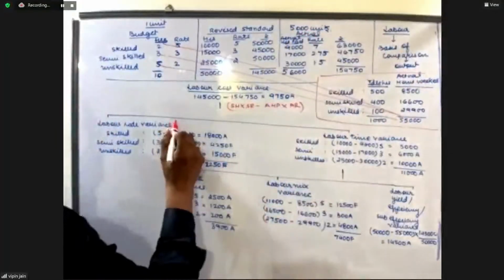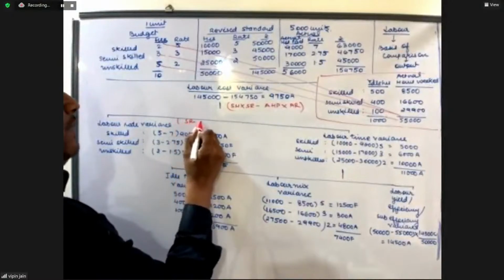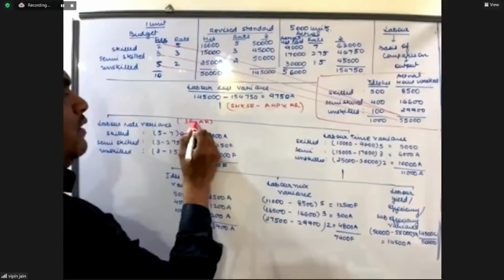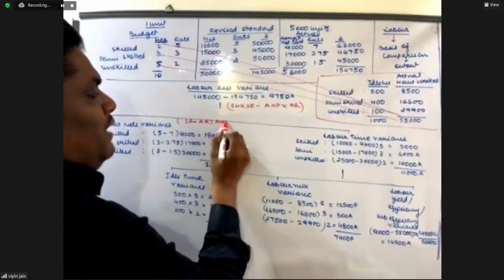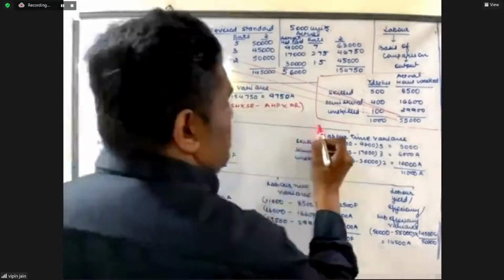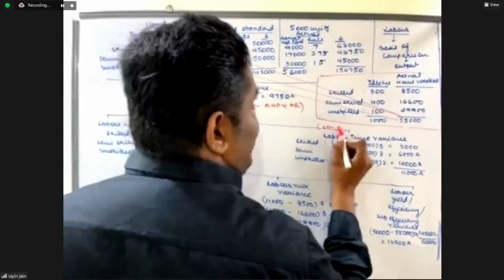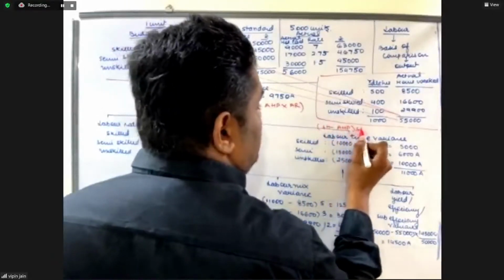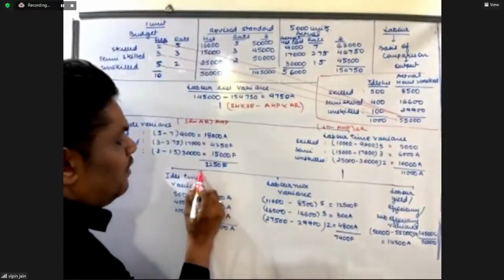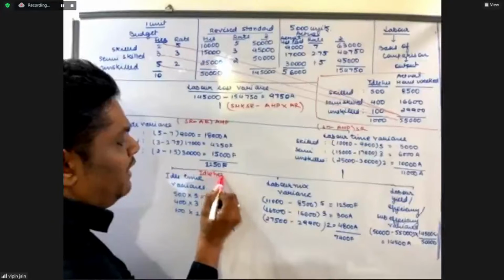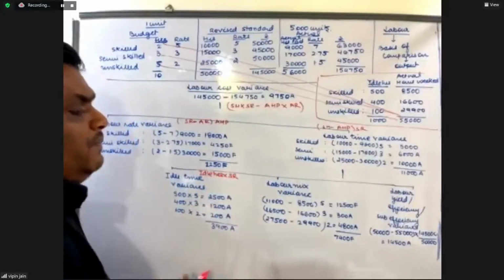Rate variance is standard rate minus actual rate into actual hours paid. Efficiency variance is standard hours minus actual hours paid into standard rate. When talking about idle time, it is idle hours into standard rate.